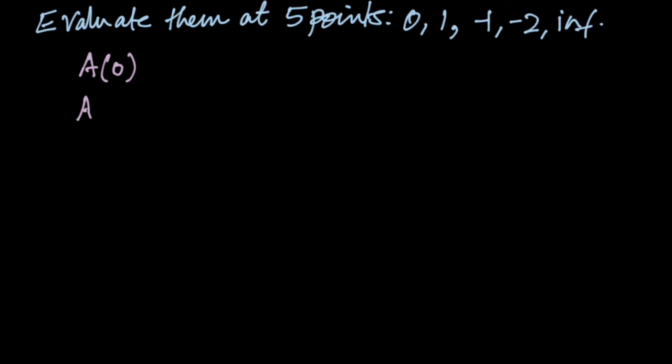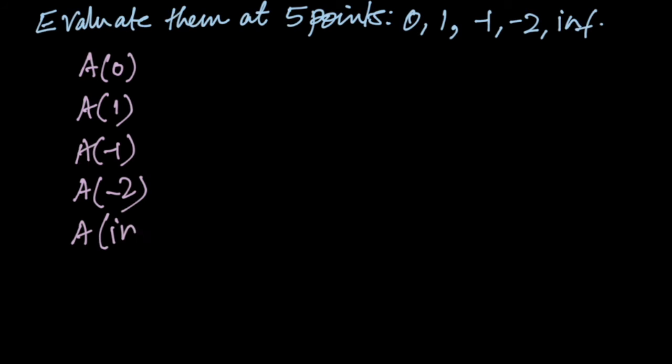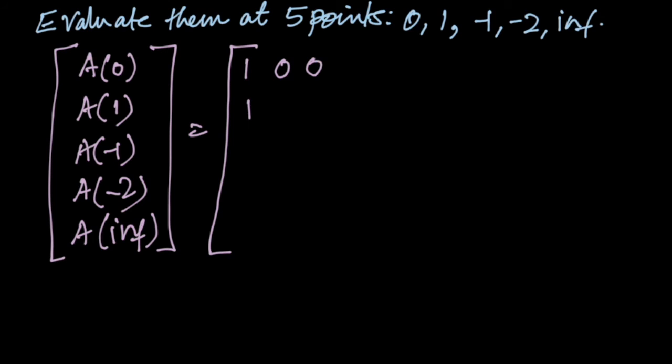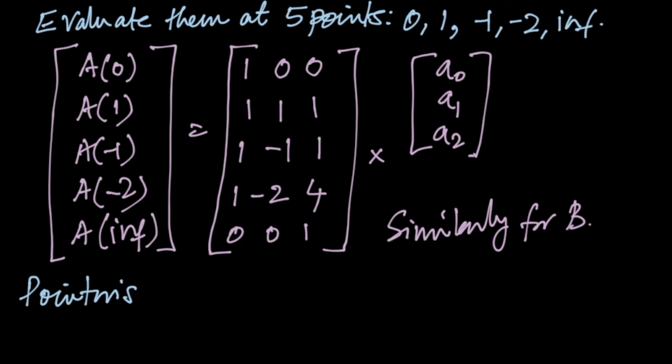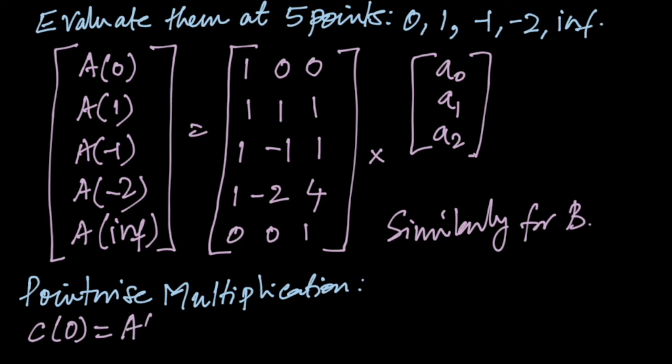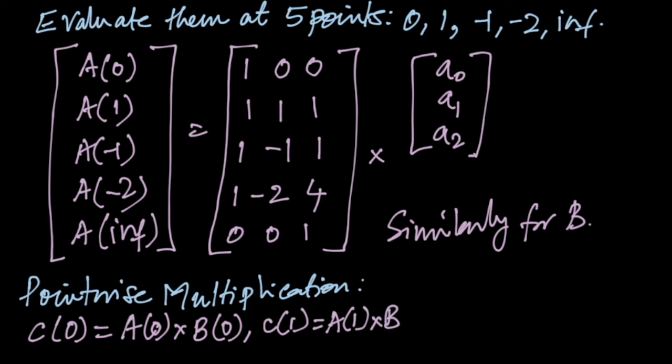We write it in matrix form. Then you have to do point-wise multiplication to get C0, C1, C minus 1, C minus 2 and C infinity.